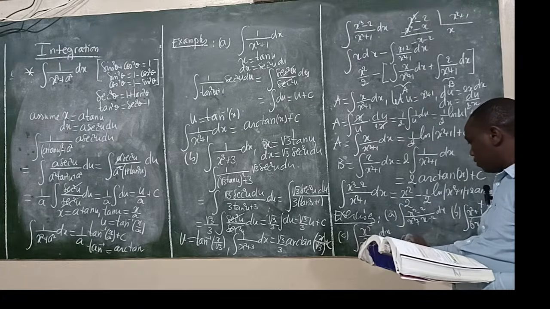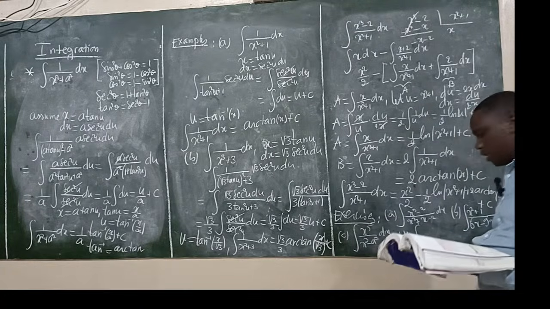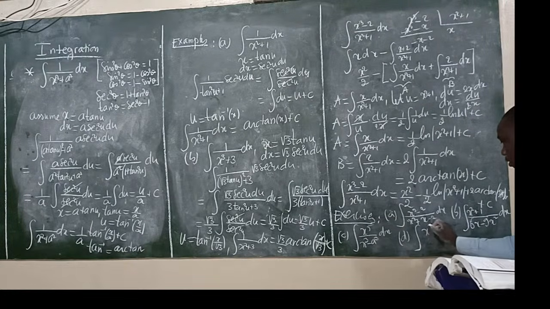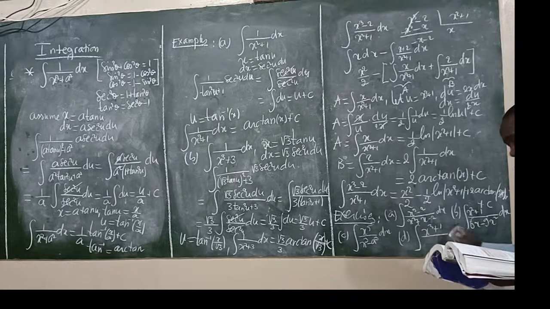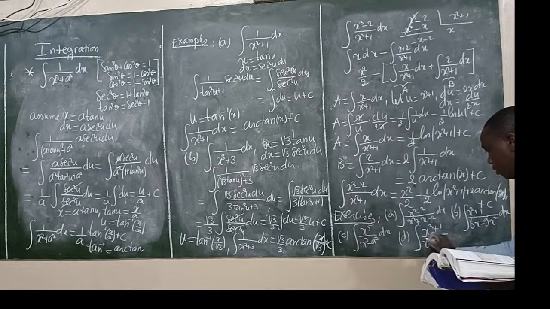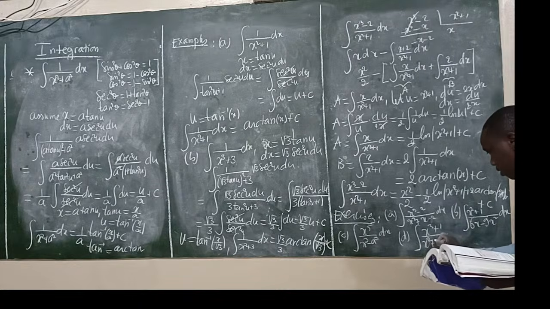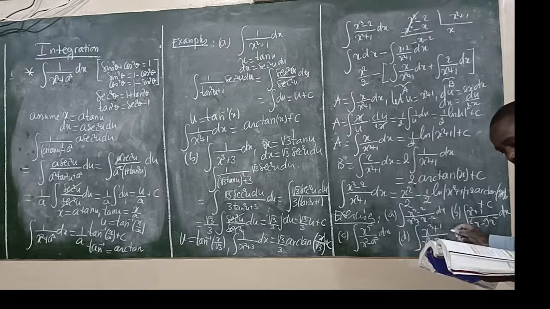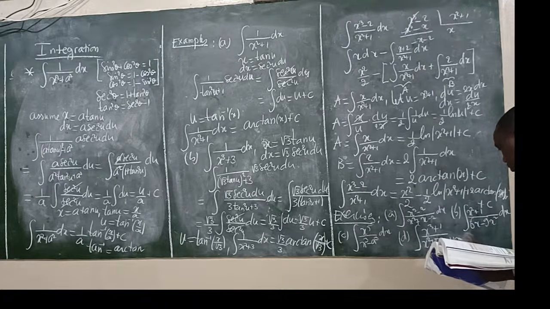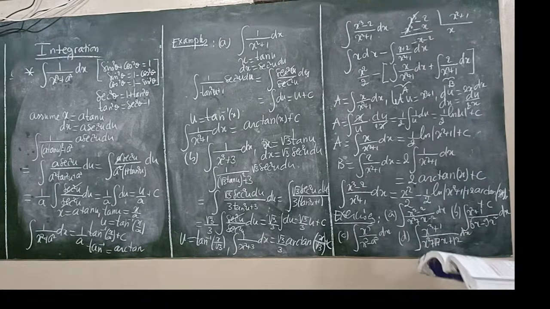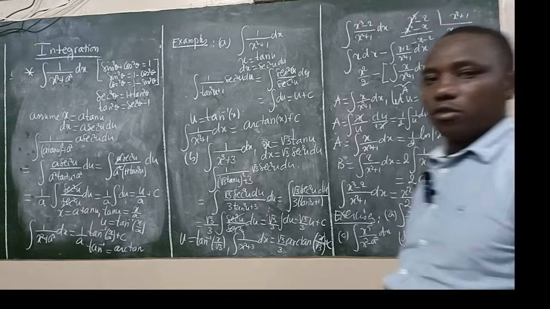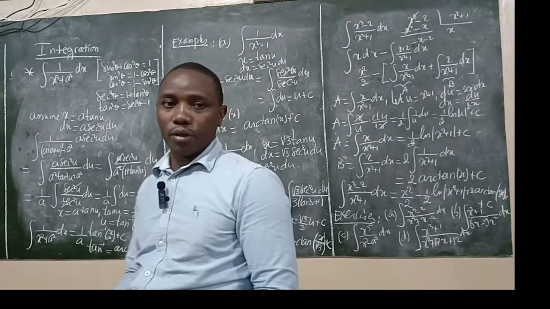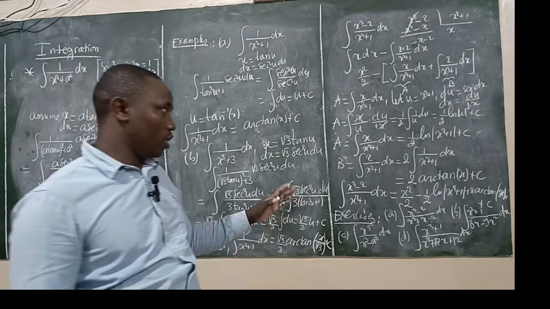And D is the integral of x squared plus 1 by x squared plus 7x plus 12 dx. Guys, I want you to try all of these questions. Hope that you enjoy the course.